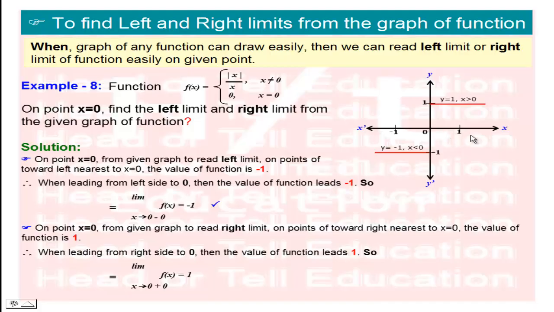This is 1, the next higher points are 2, 3 like this, but 1 is nearest to 0 from the right side. So when approaching 0 from the right side, the value of the function approaches 1. So the limit as x tends to 0 plus of f(x) equals 1. So this is the right side limit.